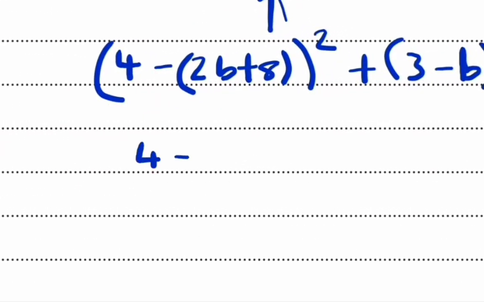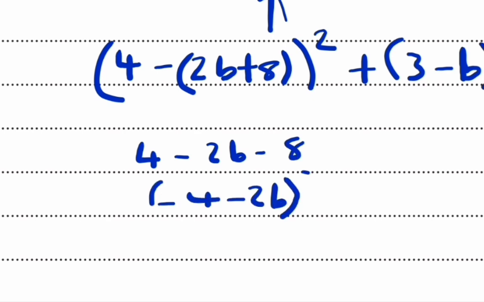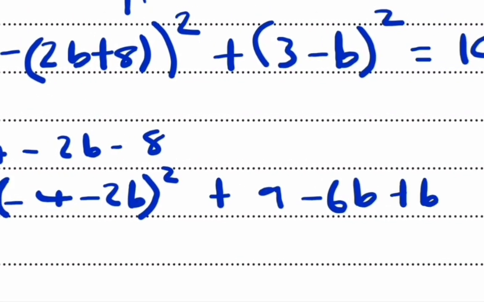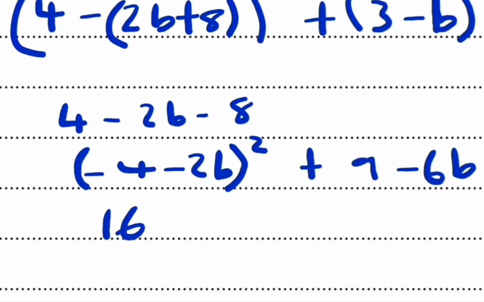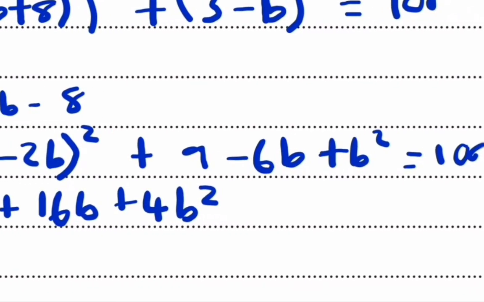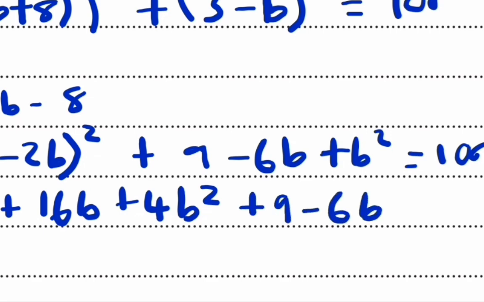So this is 4 minus 2b minus 8, so minus 4 minus 2b squared plus 9 minus 6b plus b squared should give us 100. So 16, right? So that's 16 plus 16b plus 4b squared plus 9 minus 6b plus b squared is equal to 100.